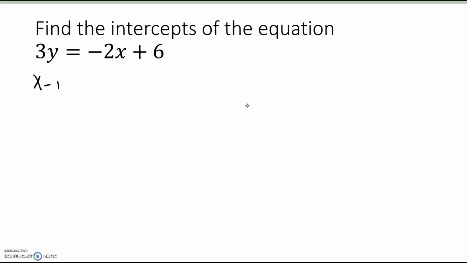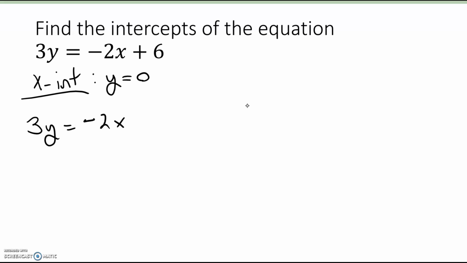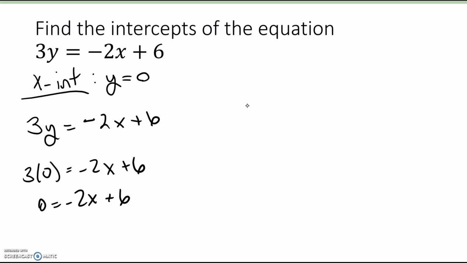If I'm going to find the x-intercept first, that means y is 0, because an x-intercept is where the graph crosses the x-axis, and all over the x-axis y is 0. So I'm going to find my y in this equation and replace it with 0. So 3 times 0 is 0, giving 0 = -2x + 6.